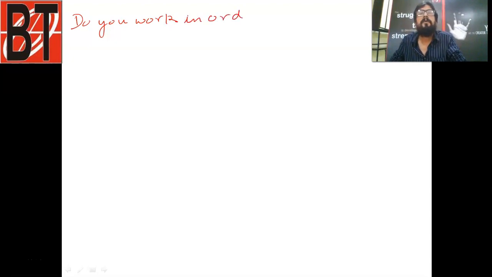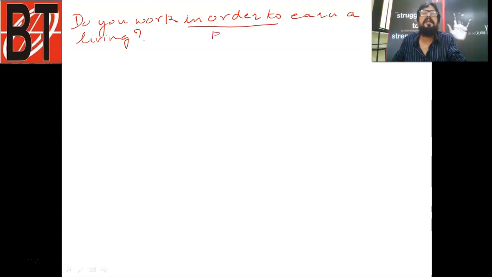Do you work in order to earn a living? In order to, इसके लिए आपने कौन सा preposition use किया था? Pour. So do you work, and as I taught you, to frame question you can easily use est-ce que.